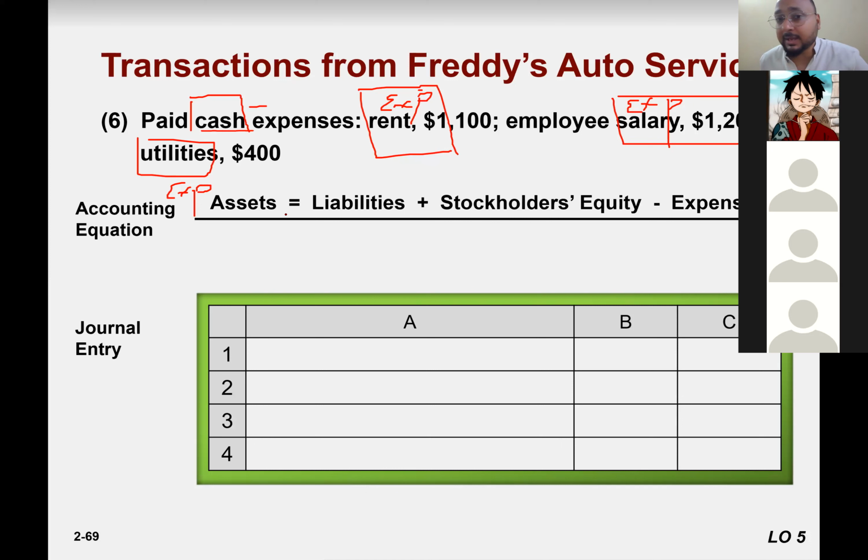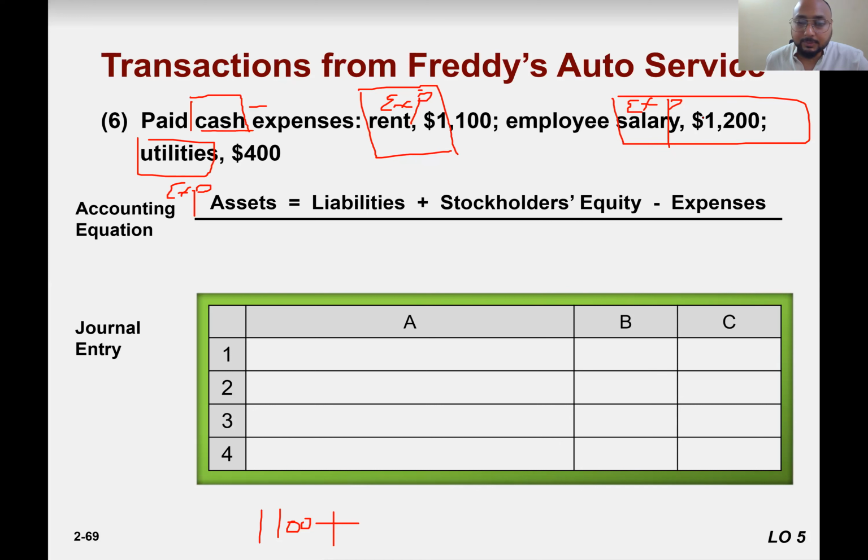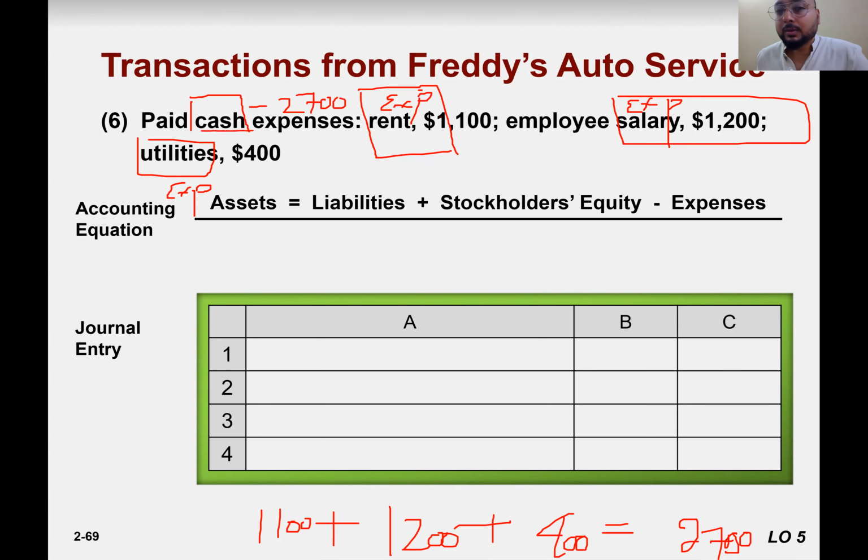Since you all pay cash, it means 1,100 plus this 1,200 plus 400. So it's going to be 2,700, all paid by cash, right? So cash decreases by 2,700.